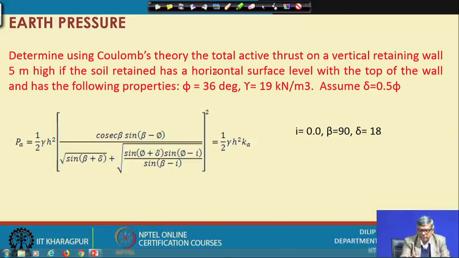Here actually you can see: determine using Coulomb's theory the total active thrust on a vertical retaining wall 5 meter high if the soil retained has a horizontal surface level with the top of the wall and has the following properties: phi 36 degrees, gamma 19, and assume delta equal to 0.5 phi.